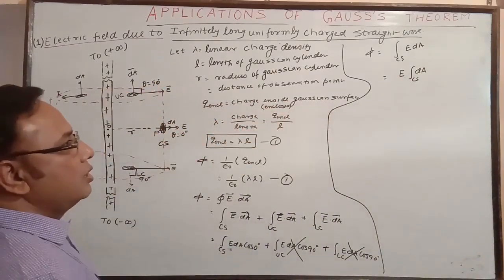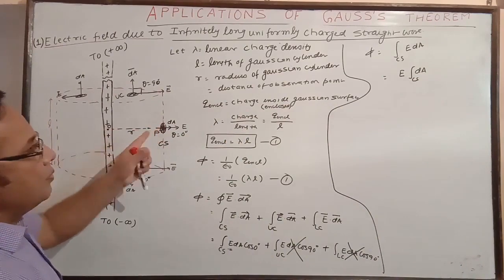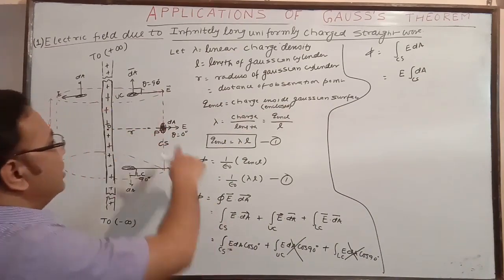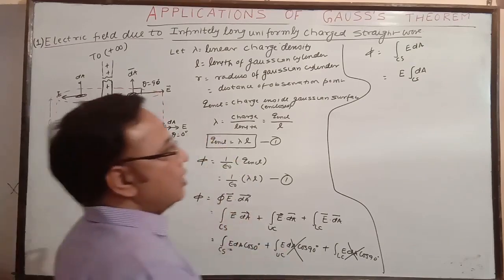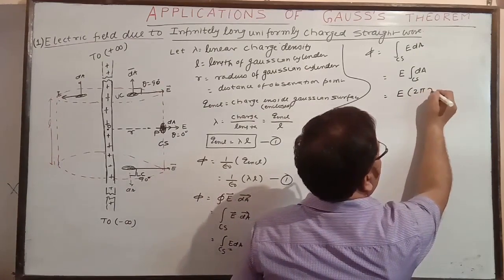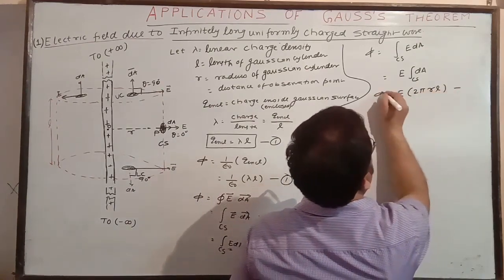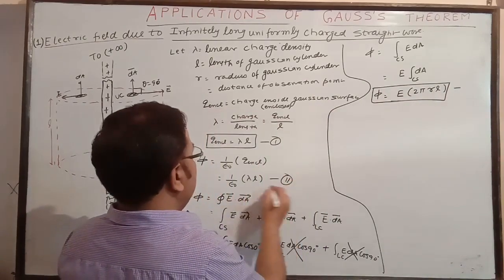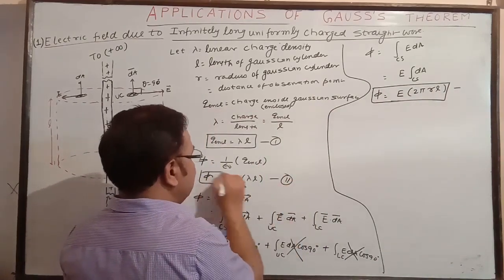For a cylinder of length L and radius R, the curved surface area is 2 pi RL. This is the flux in terms of the electric field, as in equation 3, while equation 2 is the flux in terms of the charge enclosed.